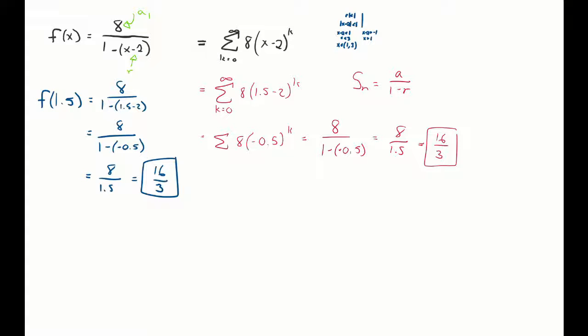Hey, it works. But you're saying, well, duh, that's obvious. I mean, look at my geometric series formula, a divided by 1 minus r. That's exactly the same as what I'm plugging in over here in the function. Yeah, that's the thing. On the surface, it seems weird that a function is represented by the infinite geometric series.